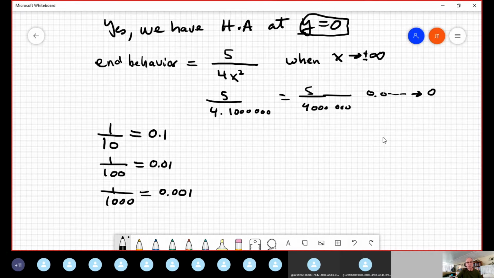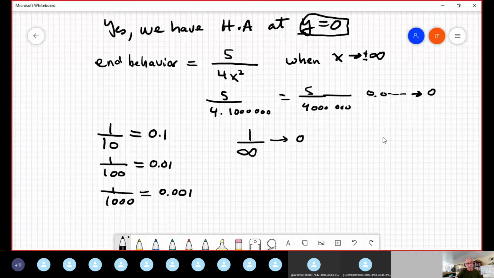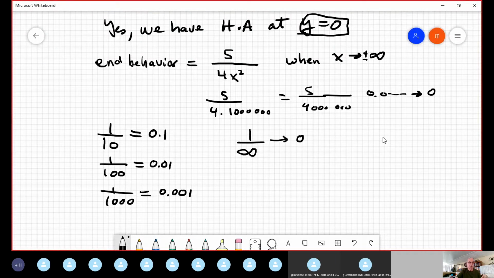You see, this number increases forever, toward infinity, and the result approaches 0. When you increase the denominator forever, and the numerator is a constant, or another polynomial of lower degree, then the asymptote is 0.